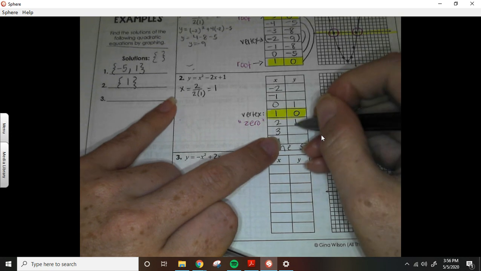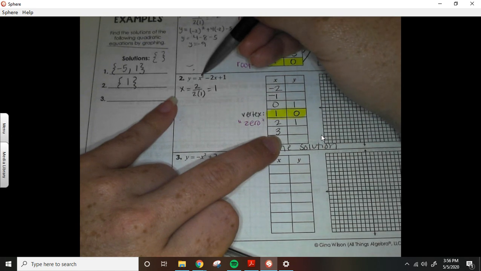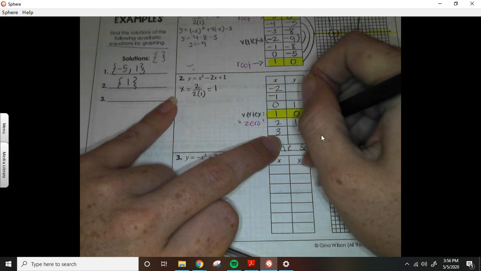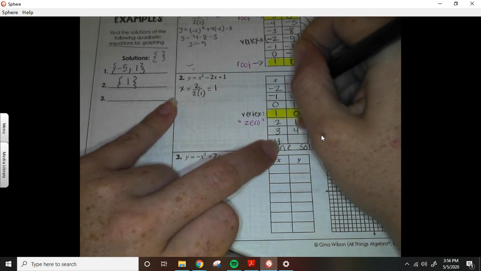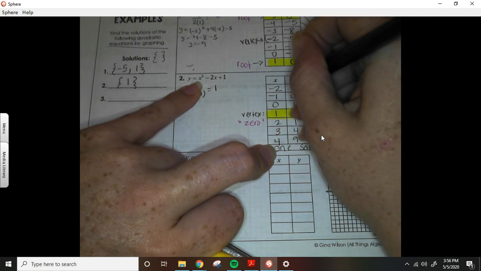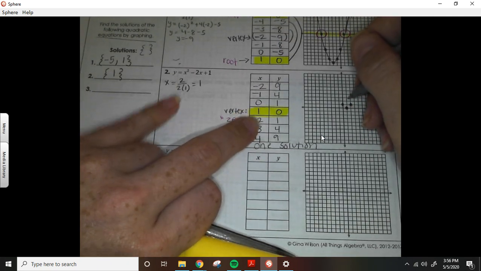Okay. Let's mental math plug in 3. 3 squared is 9. Minus 6 is 3. Plus 1 is 4. Let's do 4. 16 minus 8 is 8. Plus 1 is 9. That wasn't so bad. Our mental math skills are getting better. I know mine are. Hopefully yours are.